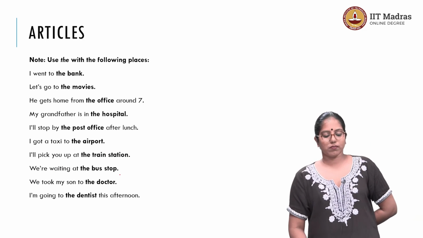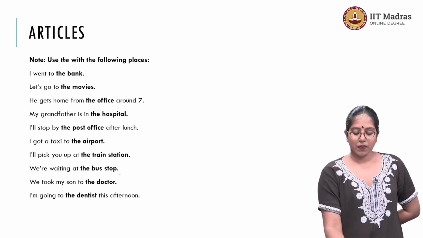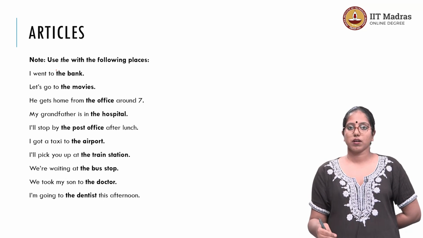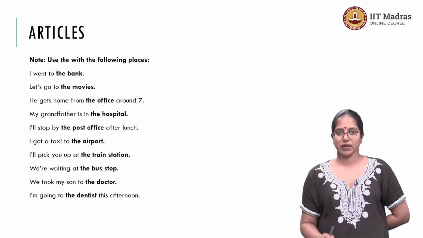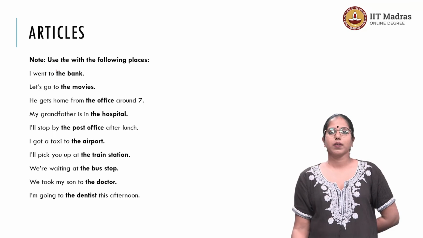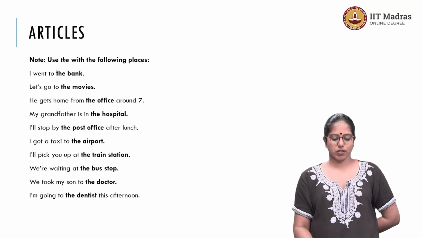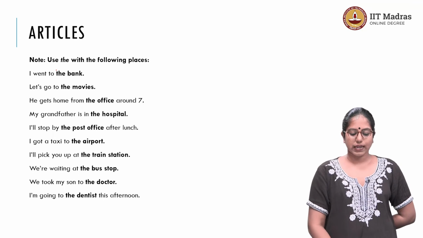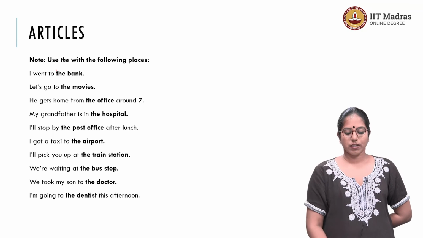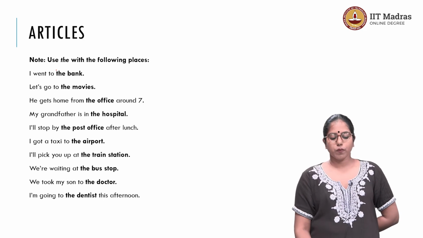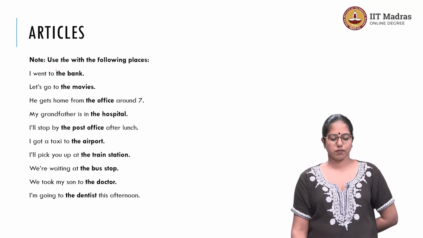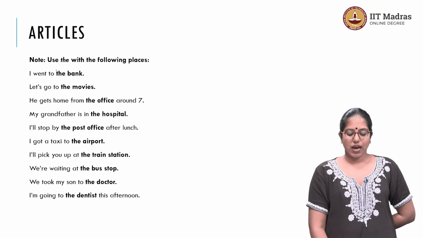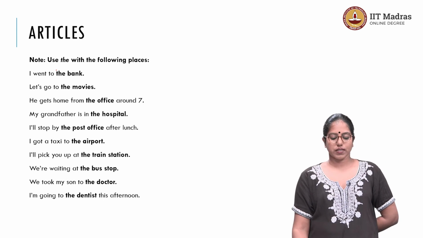Now make a note of the words where you should use the compulsorily. I went to the bank. Let's go to the movies. He gets home from the office around 7. My grandparents are in the hospital. I'll stop by the post office after lunch.